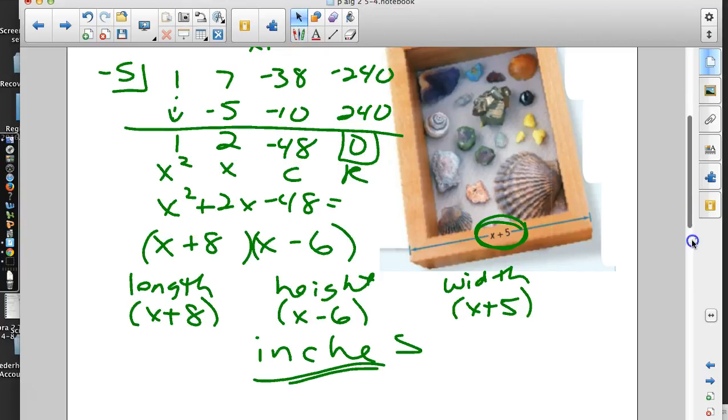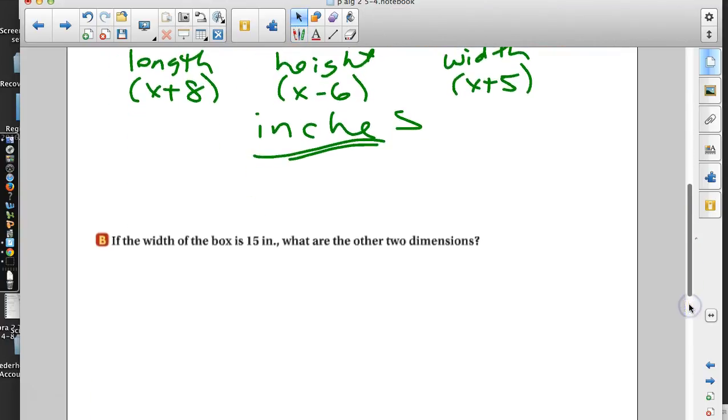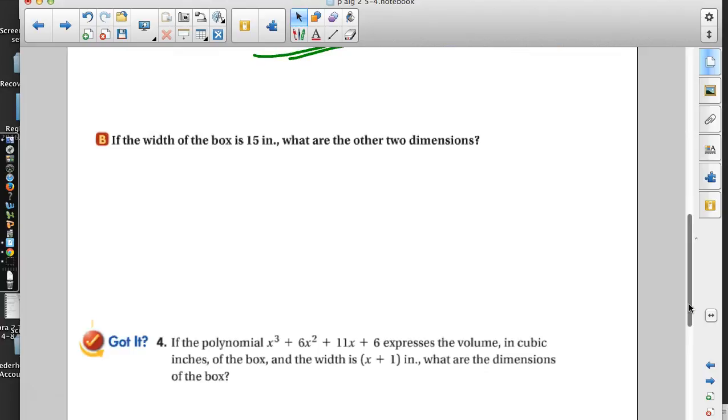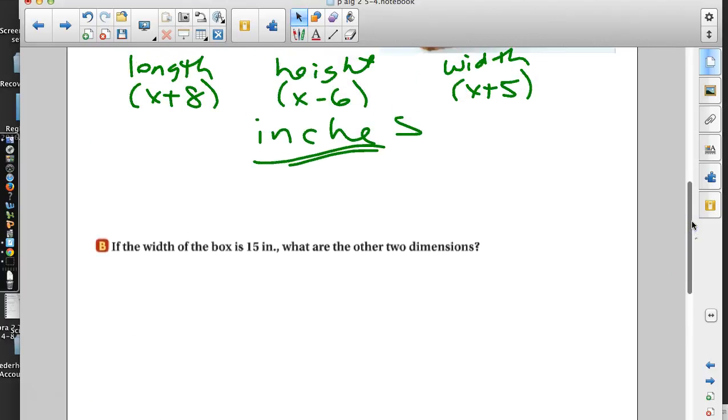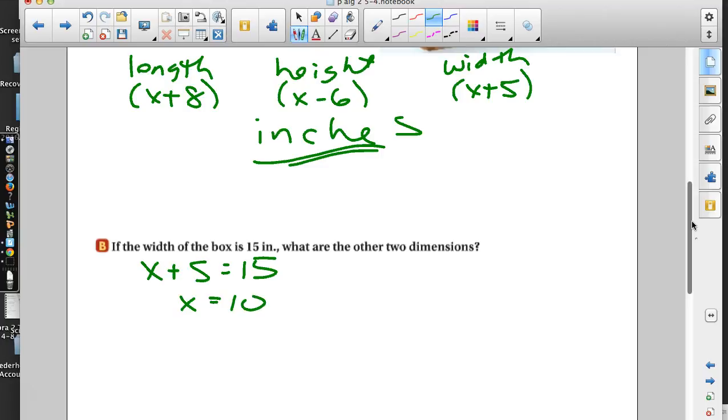Which brings us to this, where it says if the width of the box is 15 inches, what are the other two dimensions? All right then, let's see. That was width. So x plus 5, they're telling us is 15. What does that make x? If we know x is 10, can we find the other two?